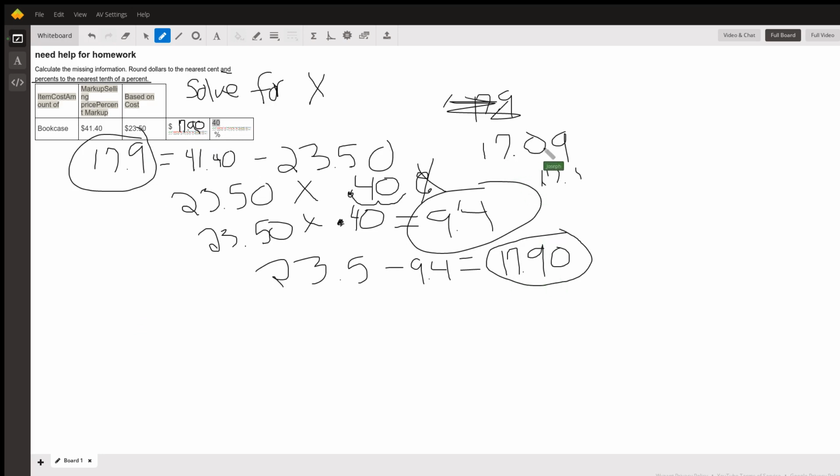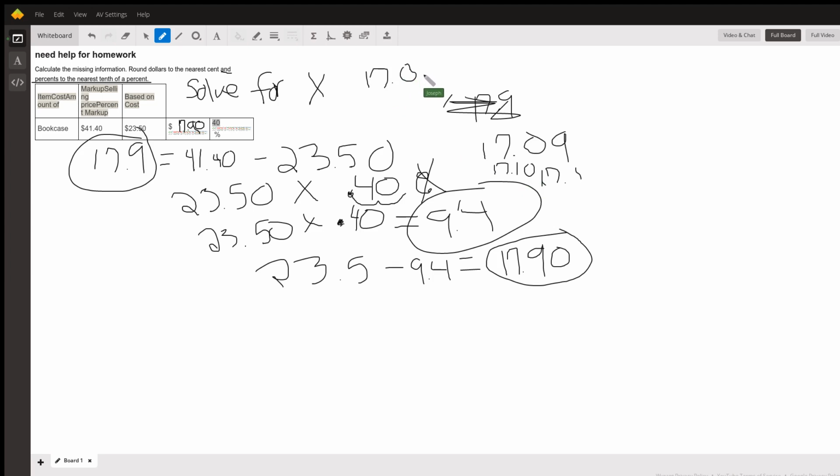If it was 17.09, we would round this to 17.1. Round to the nearest cent. Since the nearest cent is 10 cents, we just make it 17.10.